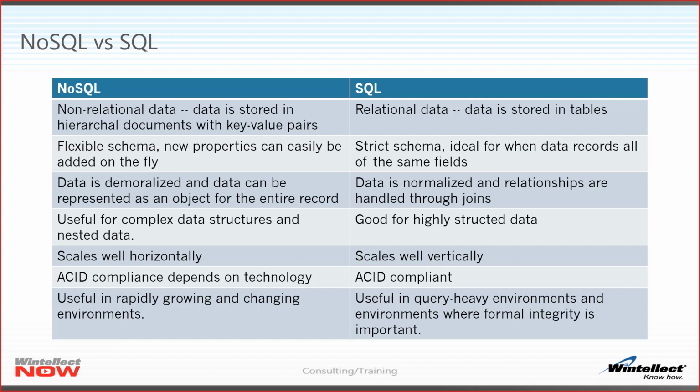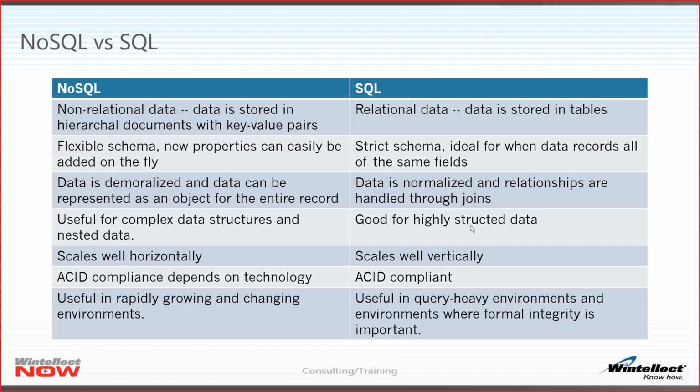NoSQL data is denormalized, while SQL data is normalized. In SQL, relationships are handled through joins, and in NoSQL, relationships are handled through either objects that are represented by the hierarchies in the documents, or objects that link documents together. NoSQL is useful for complex data structures and nested data, while SQL is good for highly structured data where you need to have cross sections of that data.